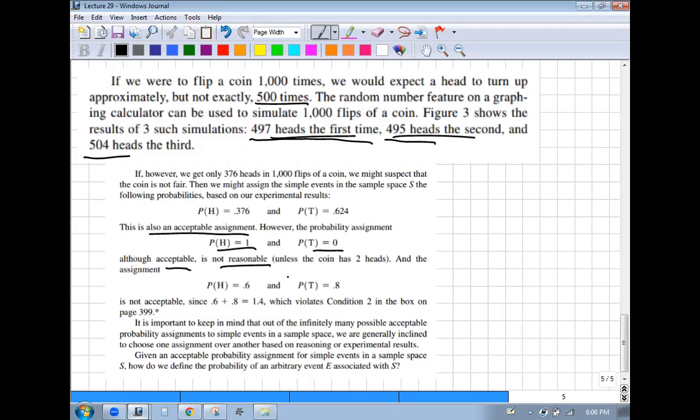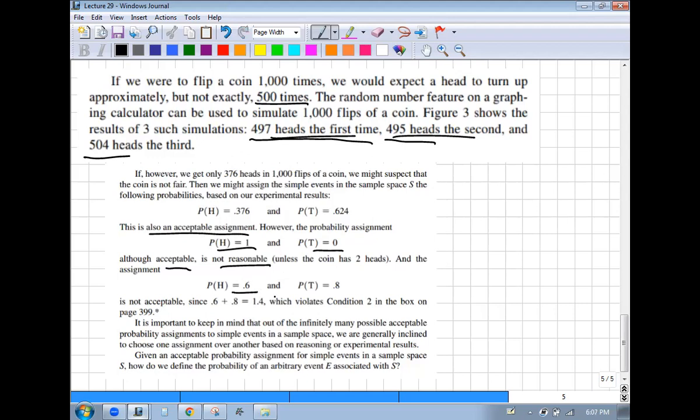But the probability assignment, 1 and 0, is acceptable, but it's not reasonable. You could say, well, let's just say heads is 100% of the time and tails is 0% of the time. It's acceptable because 0 and 1 add up to 1, and both are between 0 and 1, right? But that's not reasonable.